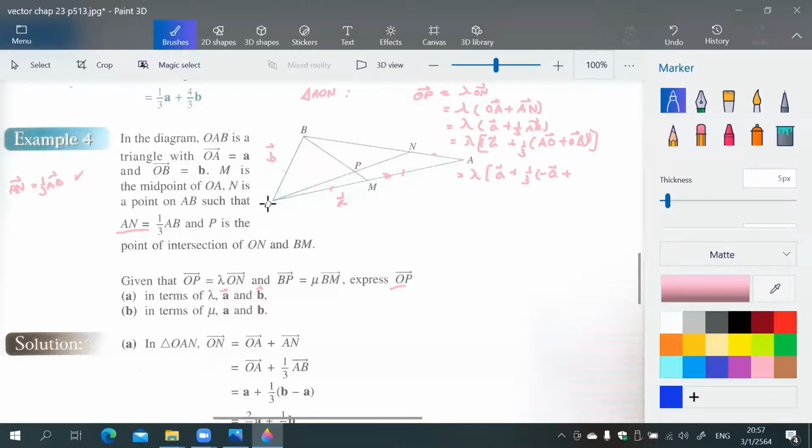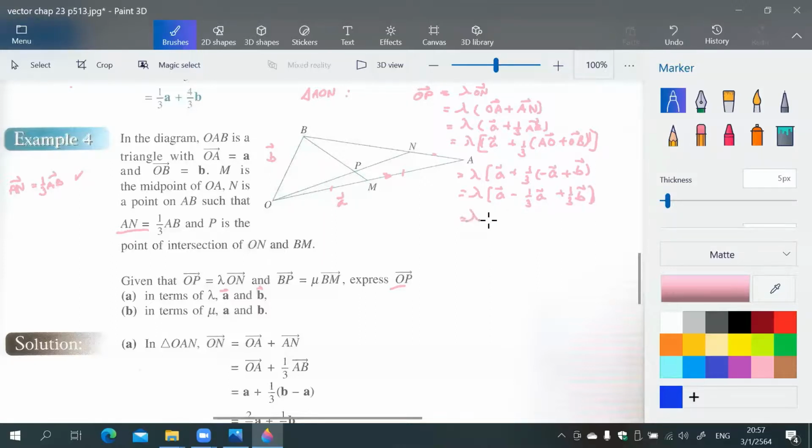OB we have here, vector B. Now equal to lambda A. Now we simplify, okay? So it becomes minus 1/3 negative, right? And this one becomes plus 1/3 vector B.